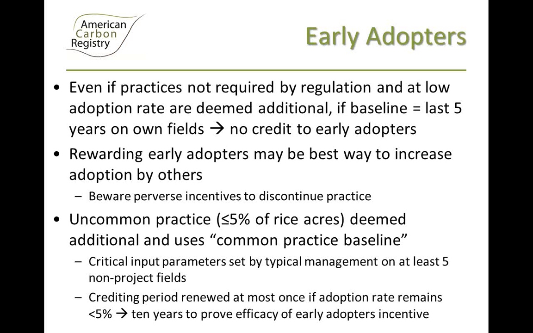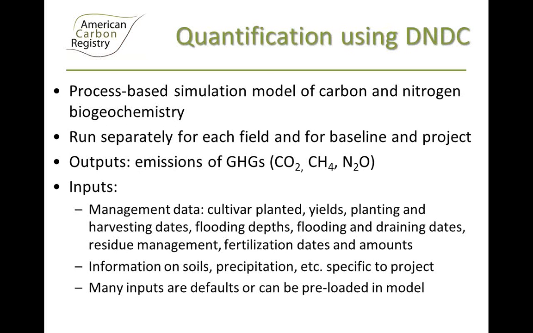With one other limitation, however, that because the point of this early adopters mechanism is to incentivize adoption by others, if it's not working, if 10 years later adoption remains below 5%, we surmise that there's other barriers and that the early adopters mechanism is not being effective to increase adoption, and therefore those early adopters are not allowed to renew their crediting period. So if it's not increasing adoption, at most 2 crediting periods are allowed.